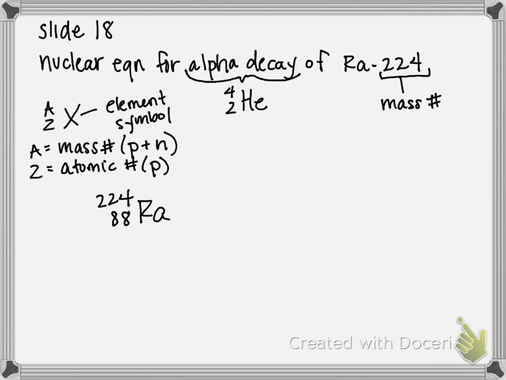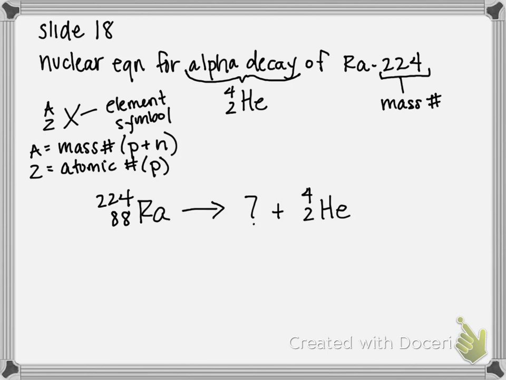So when that undergoes alpha decay, that's the only reactant, and it's reacting to form some element we don't know yet, plus an alpha particle. So what we have to do is use the numbers and the elements that we know to figure out what else radium is forming when it's undergoing alpha decay.